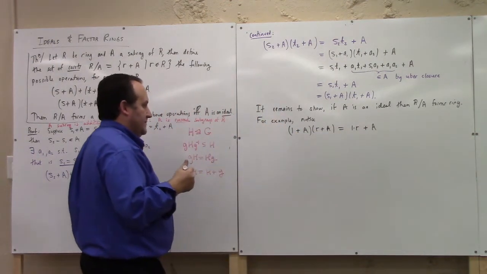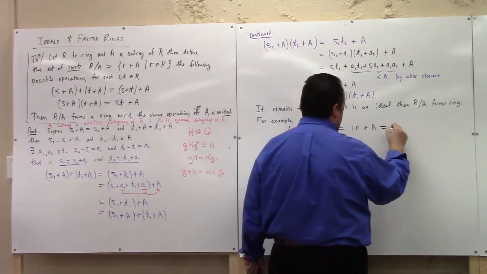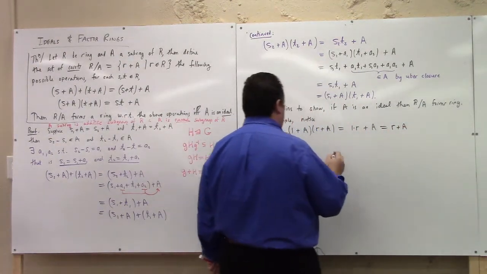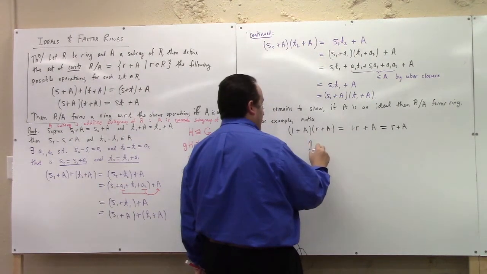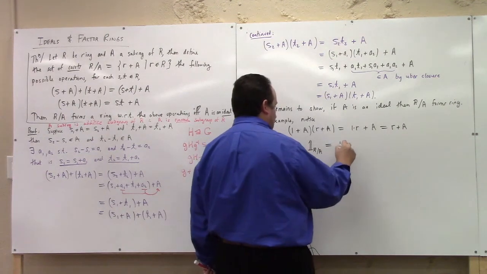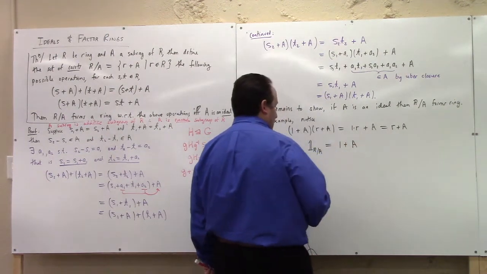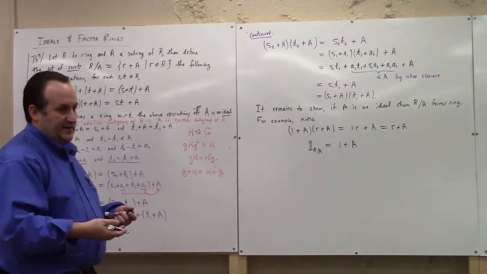And so that's R plus A again, right? So it appears to me that the 1, if you will, for the factor ring is equal to the 1 of the ring plus A. So there is a multiplicative identity.